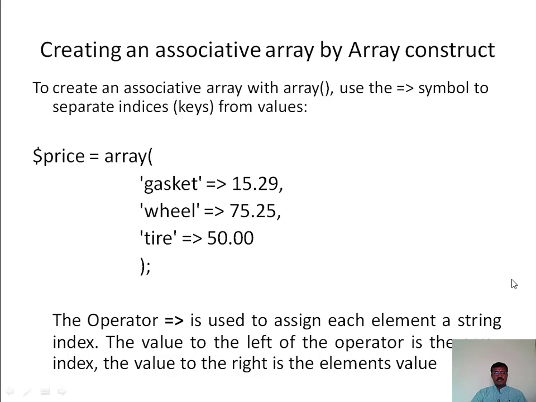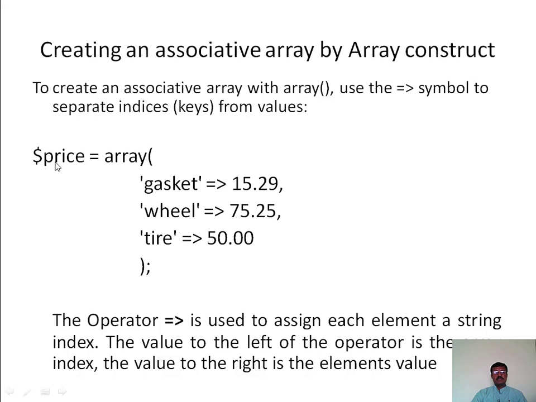Let us see how to create an associative array by array construct. To create an associative array with the array construct, use the symbol equal sign followed by greater than symbol to separate indices, that is keys, from values. So here is an example.